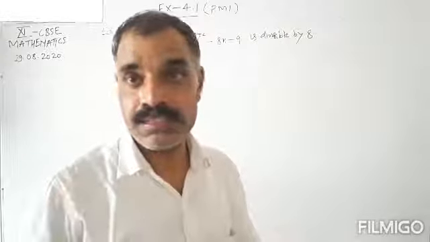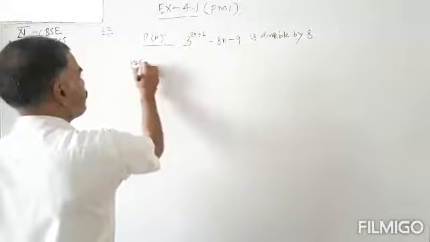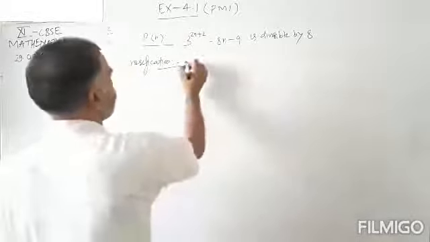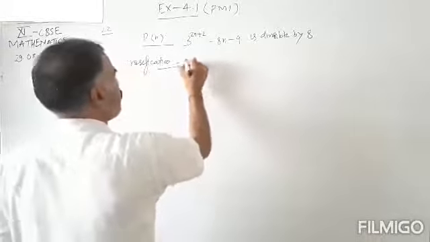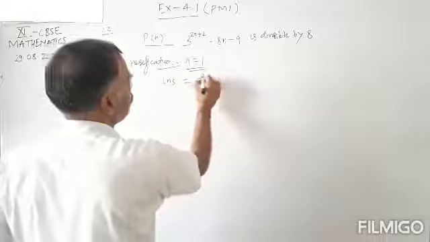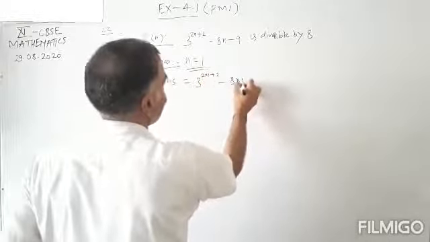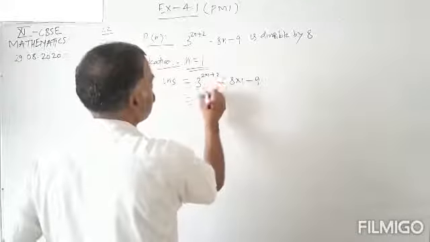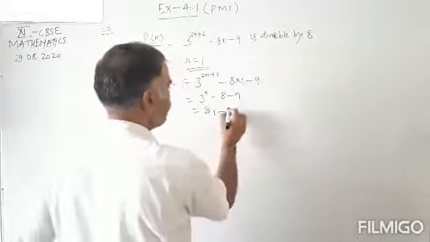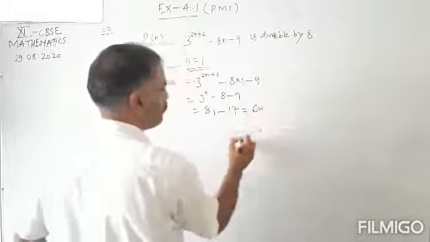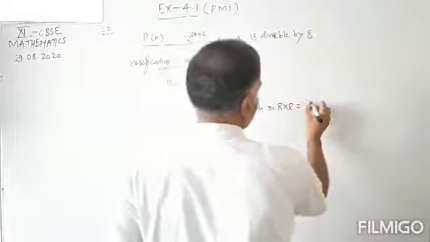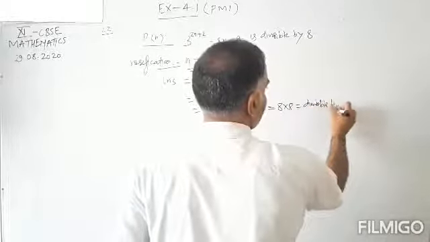Now, as usual, the first step is verification. Pn, n equals 1. The left hand side is equal to 3 to the power 2 into 1 plus 2 minus 8 into 1 minus 9, which is 3 to the power 4 minus 8 minus 9. 3 to the power 4 is 81, minus 17, that is 64. 64 is a multiple of 8, we can write it as 8 into 8, so it is divisible by 8.